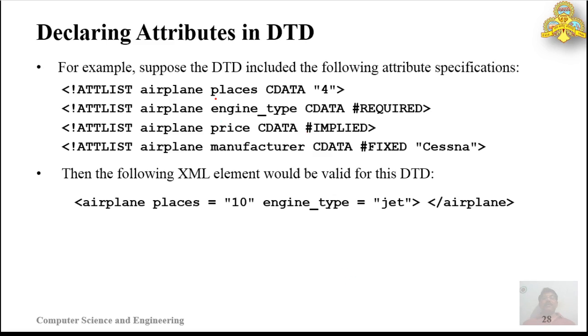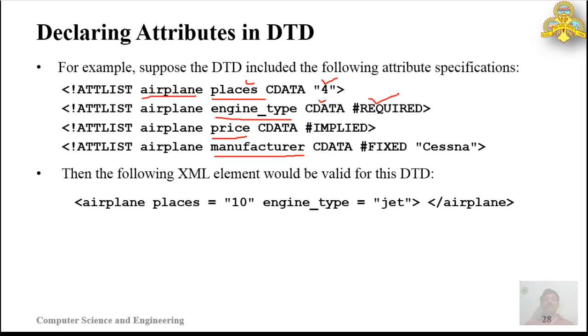Here places is an attribute for the element airplane. Likewise, engine type, price and manufacturer are the four attributes for the element airplane. Places is character data, the size here is 4 characters. Engine type is again character data and it is required.